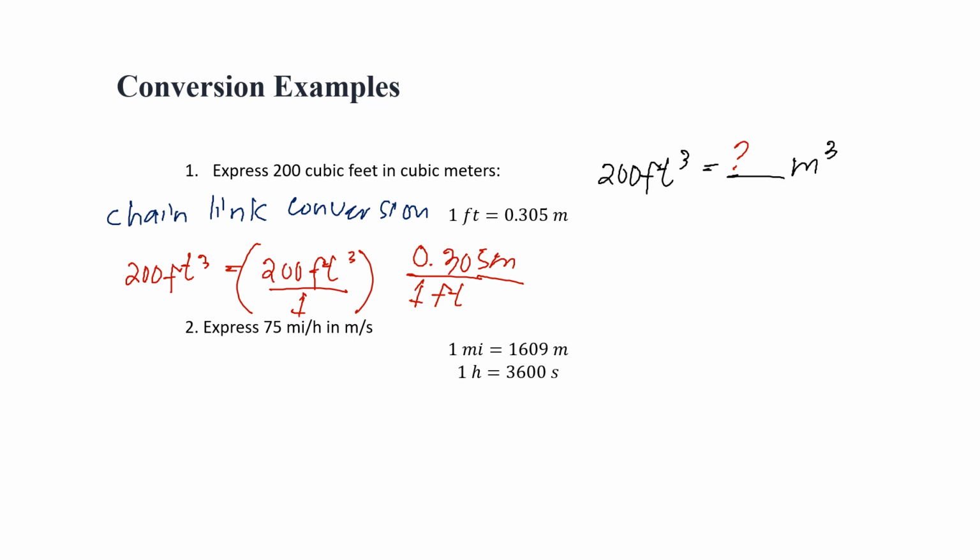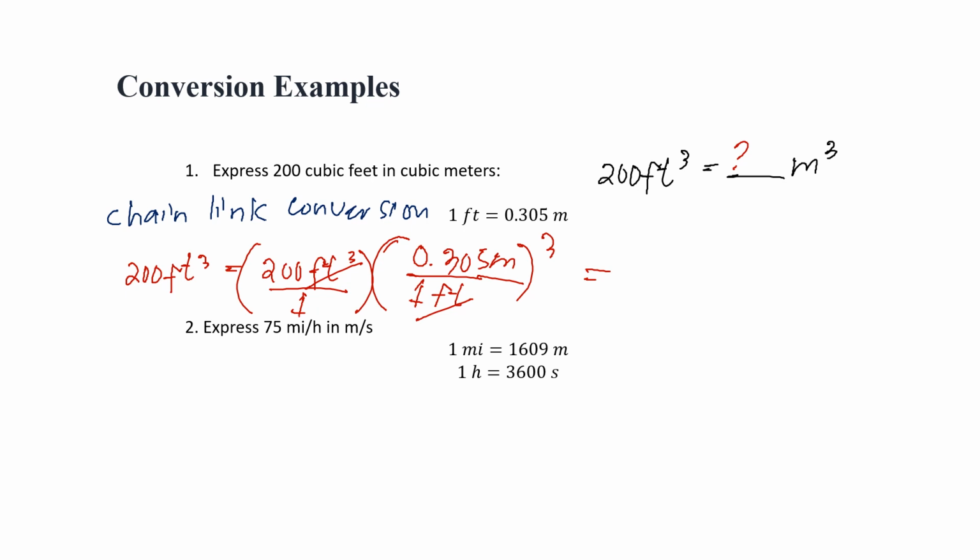But take note here that this is in cube. You have your 200 cubic feet. So the next quantity should also be in cube. So we are going to cube this one, so that we can cancel your cubic feet on both sides.